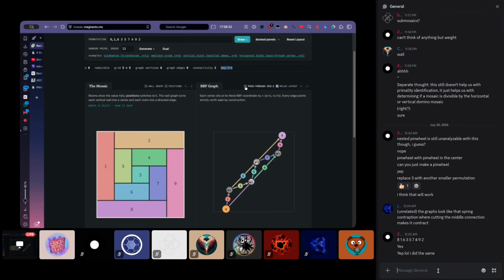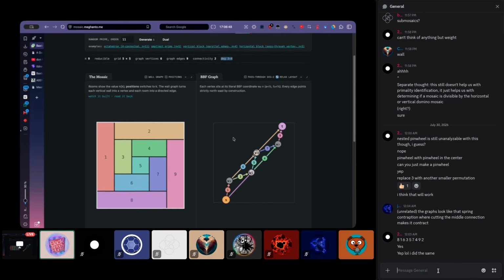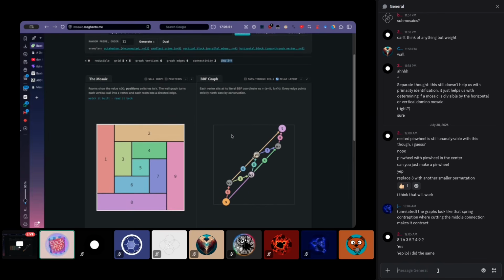That is why there is no pass-through degree 2 and there are no parallel edges. You are correct in the sense that just by looking at the degrees themselves, we cannot figure out primality. But if we have a connectivity algorithm, and we can check whether a graph is k connected at any given time, we can test whether this is prime or not, because this is still 2 connected.